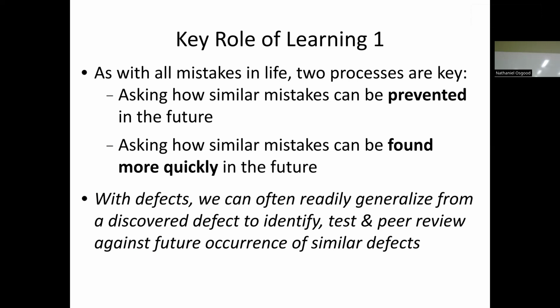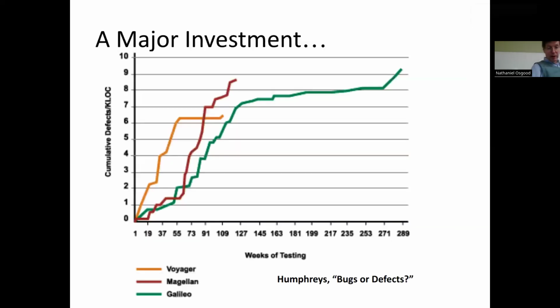It could be that you hooked up your game in terms of inspections and peer review, in terms of how pair programming is done, in terms of the tests that are involved. This is how NASA found things in these big bursts. It's capitalizing on what we found to figure out how can we mine that vein of gold to find more, and how can we prevent similar defects from coming into our code base. And it's one of the reasons this plateaus, right, after a while, or with Voyager plateaus.